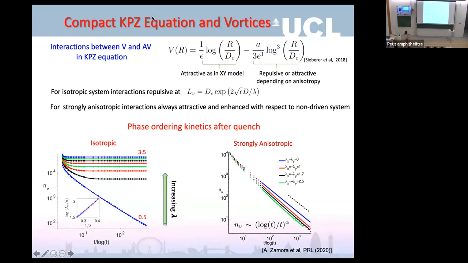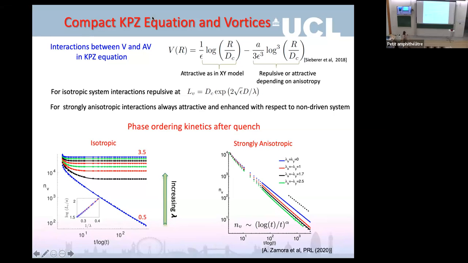And what is nice, the dotted line is our simulation, and the solid line is taking this potential, which was predicted by Lucas Sieberer, and writing down hydrodynamic equations of motion analytically for the dynamics of the condensate and predicting analytically what the dynamics will be, and they coincide exactly.